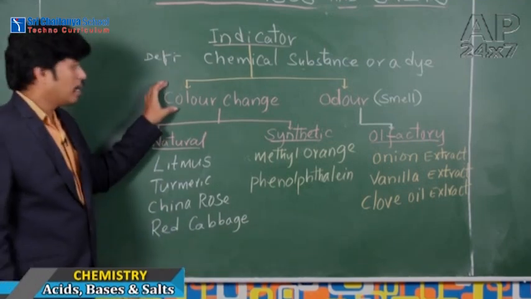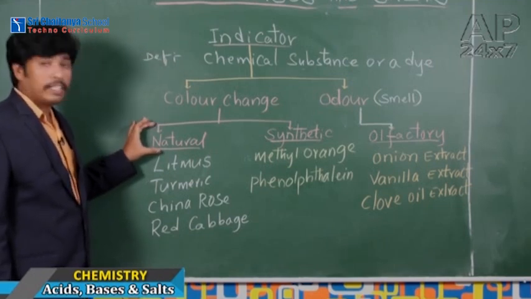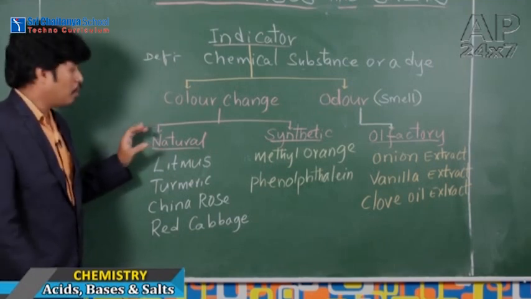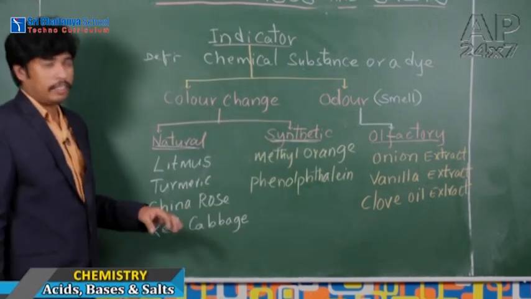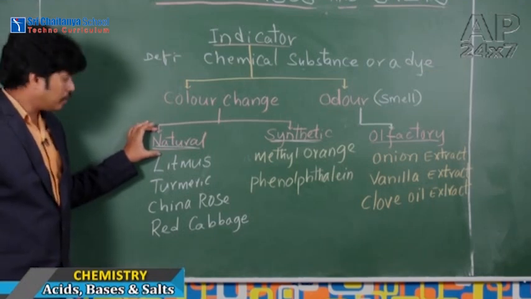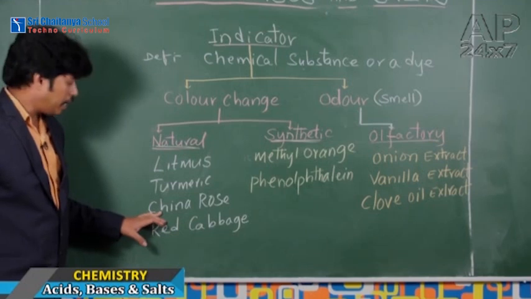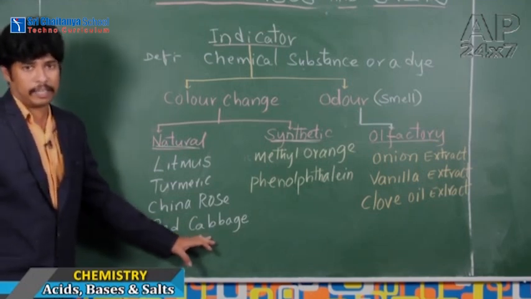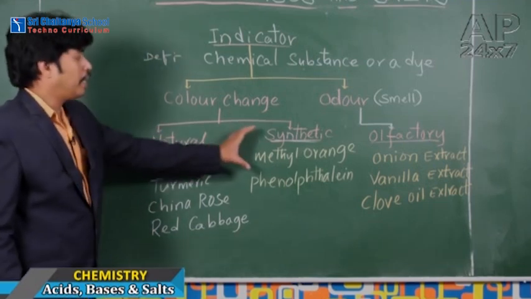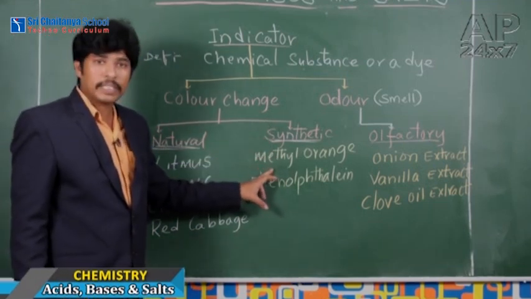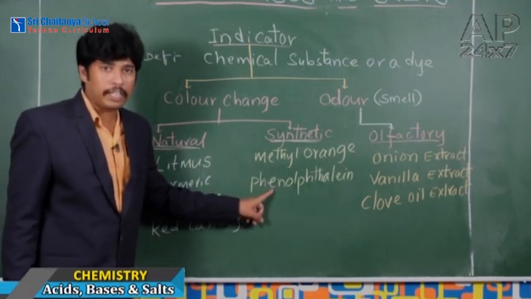Based on color change we can classify the indicators into two types: natural indicators and synthetic indicators. Among natural indicators we mainly see litmus, turmeric, China rose and red cabbage extract. These four are very good examples of natural indicators. And for synthetic indicators, two important ones we use are methyl orange and phenolphthalein.